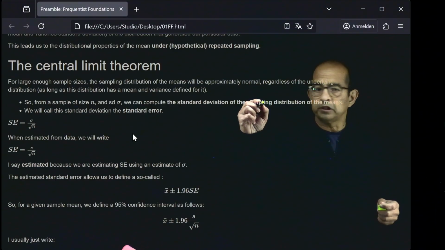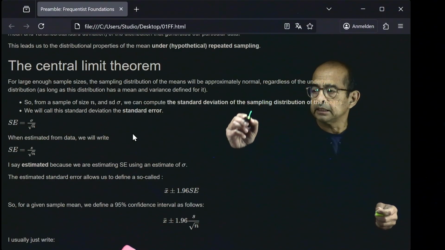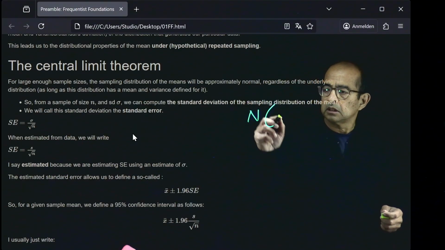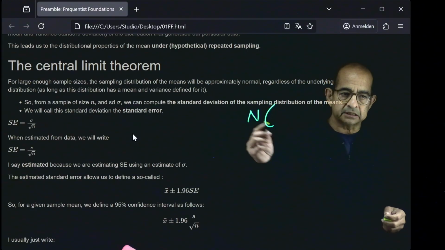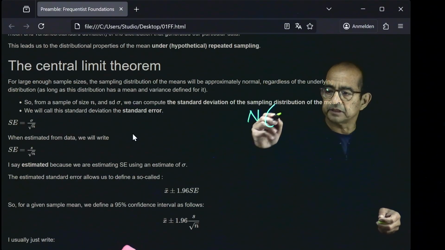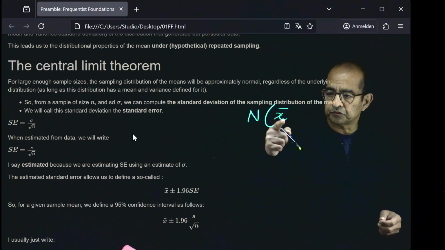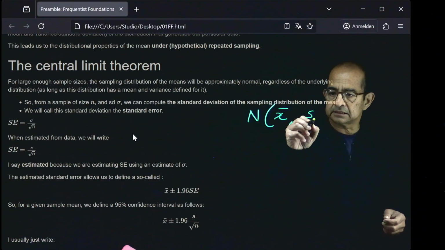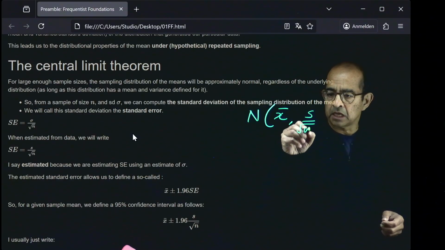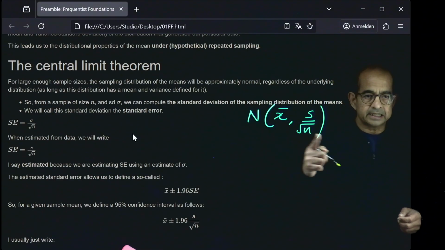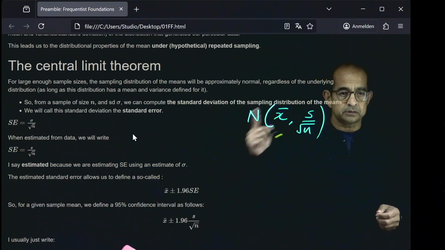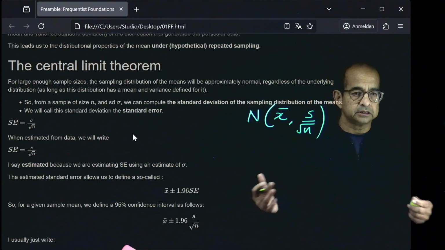So what we know is that the distribution of the sample mean under repeated hypothetical sampling can be estimated in the following way. From the single sample mean that we have and the single standard deviation that we have, we can get an estimate of the underlying distribution of the sample means.